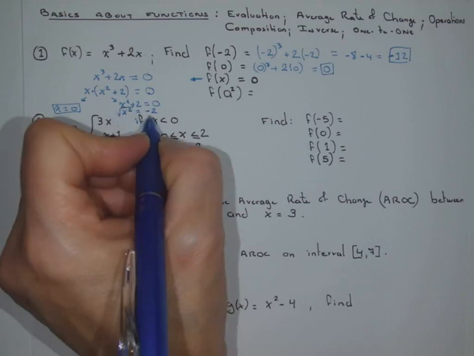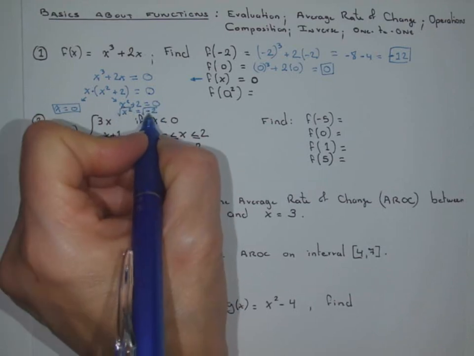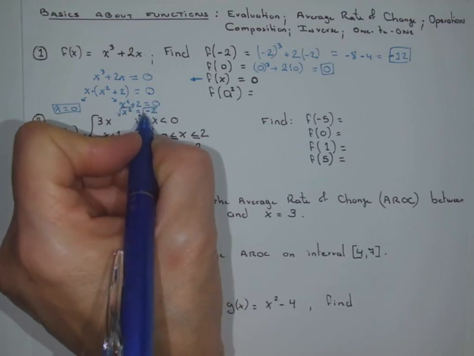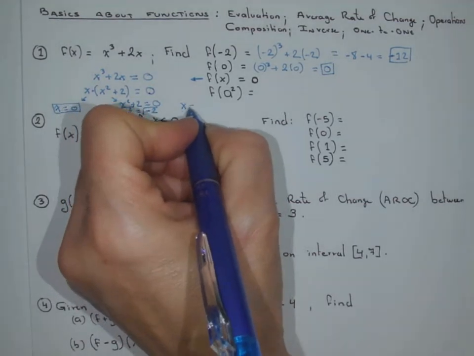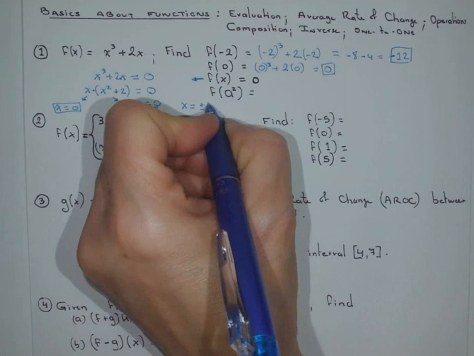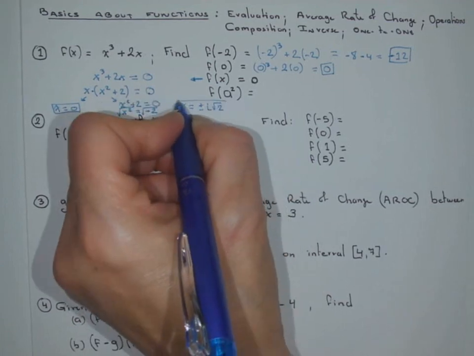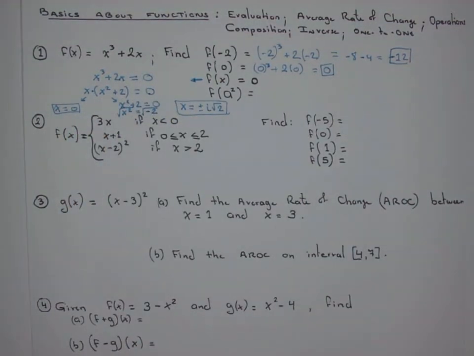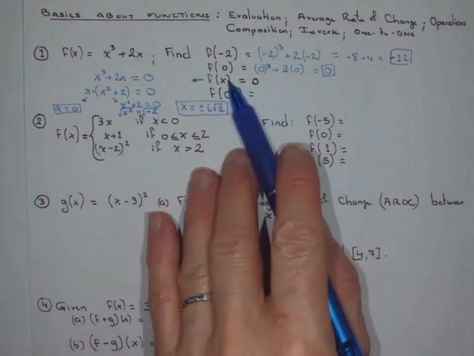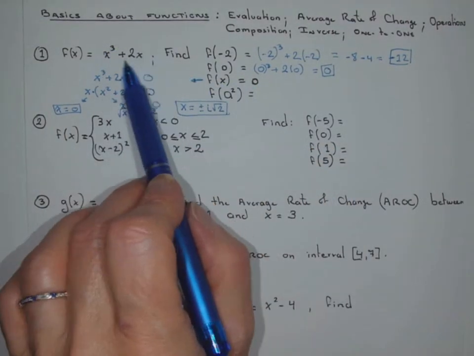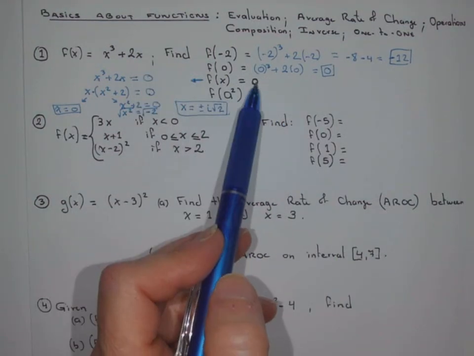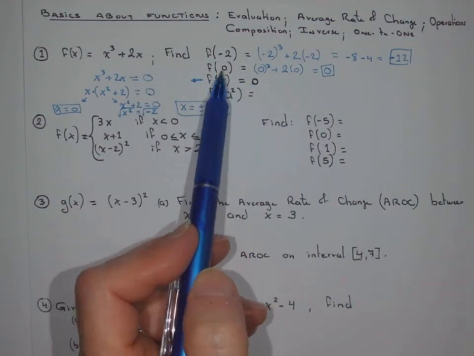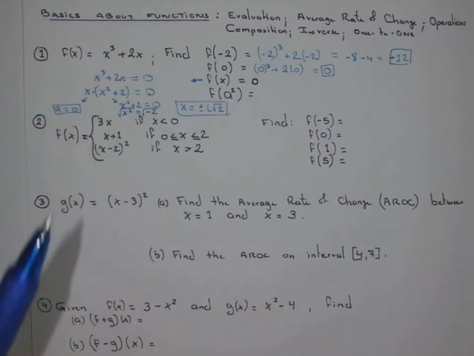Take a square root on both sides, and now we have a negative inside the square root, so that becomes your imaginary number, and so that will go to x equals plus or minus i square root of 2. Okay, so that will be what that will be equal to. Right here we're actually solving this for x when that's equal to 0. 0 is the output again, as opposed to here where 0 was the input.